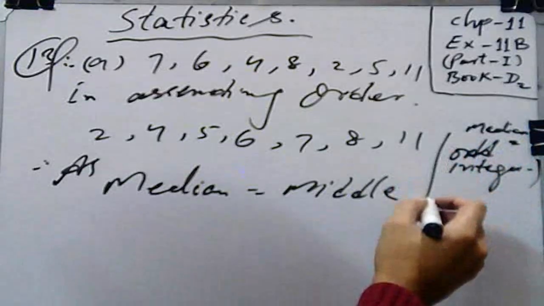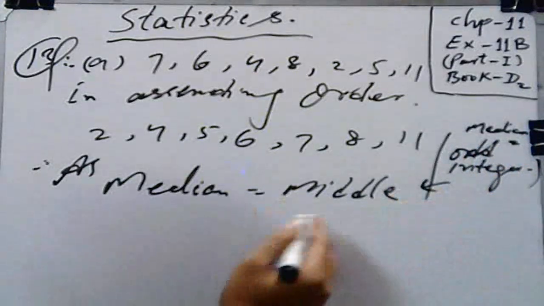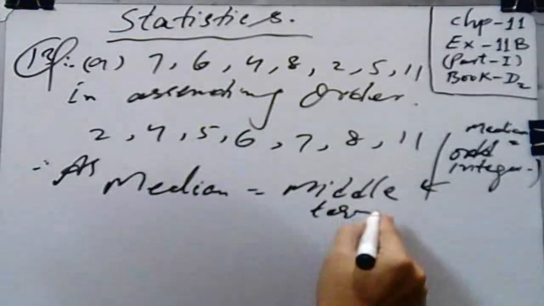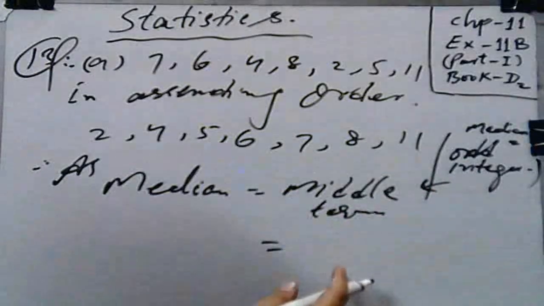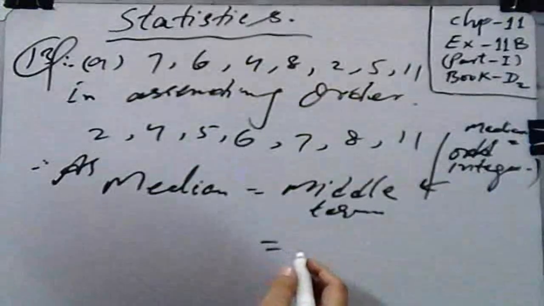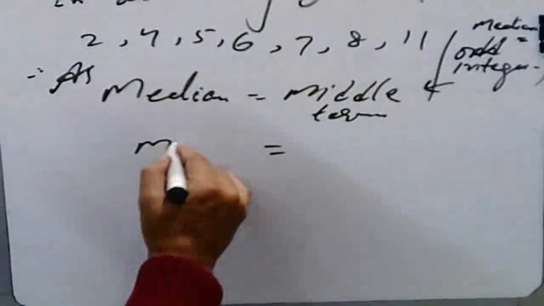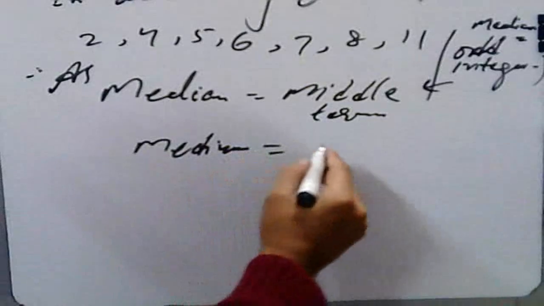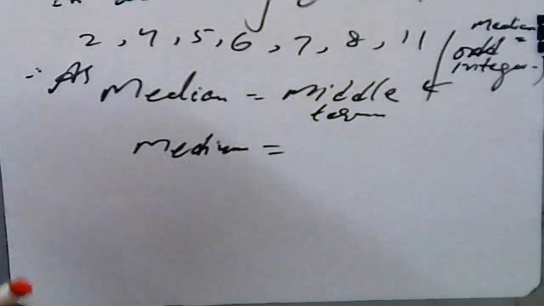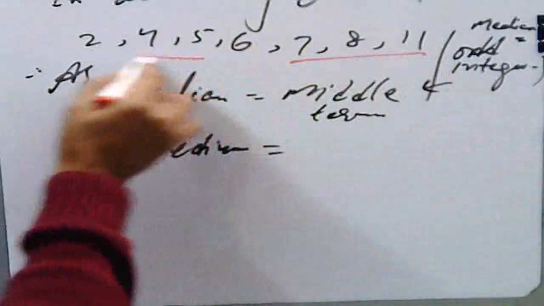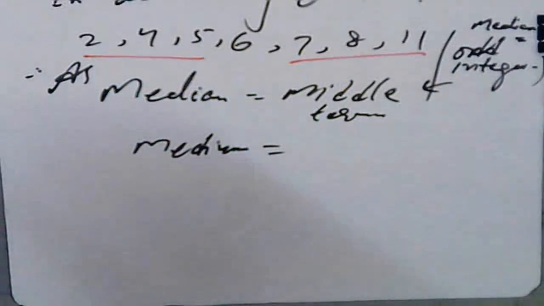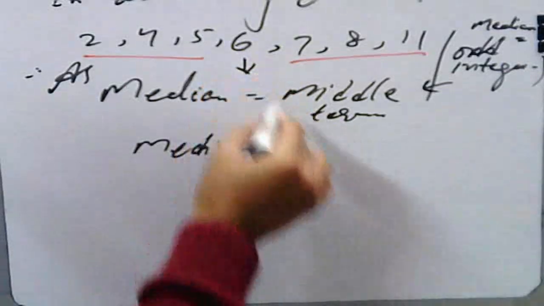The middle term is: 3 cut from this side, and 3 cut from this side, so that is your middle term. 6 is your median.